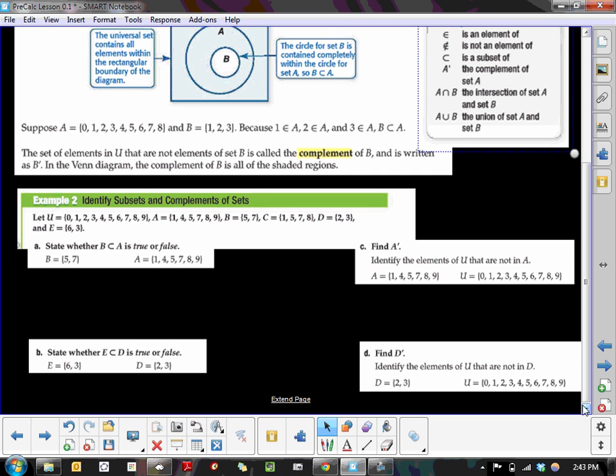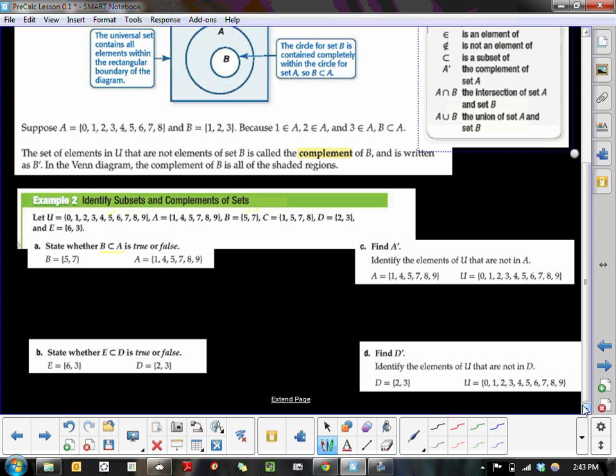Okay, so let's look at example 2. Identify subsets and complements of sets. So they give us a universe, and then sets A, B, C, D, and E. State whether B is a subset of A. If B is a subset of A, that means every element in B, and B is 5 and 7, must also be in set A. So I want to see if 5 and 7 are also in A. They are.